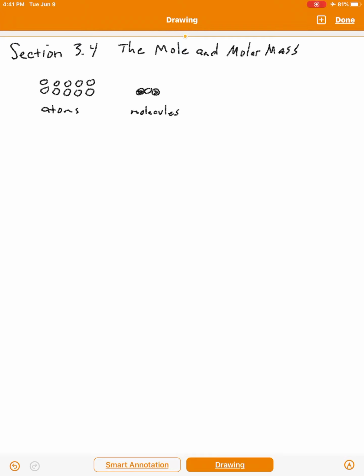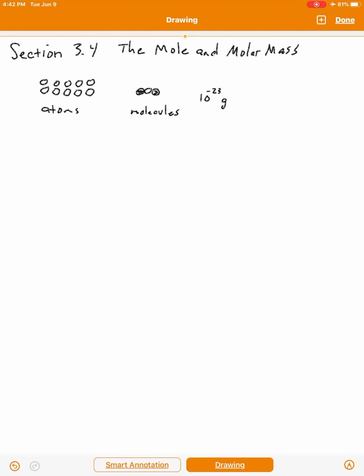And they are very, very small, on the order of 10 to the minus 23 grams. That's a pretty small mass when you consider that a pencil has a mass of maybe 2 grams. This is 10 to the minus 23rd grams, a very tiny amount.